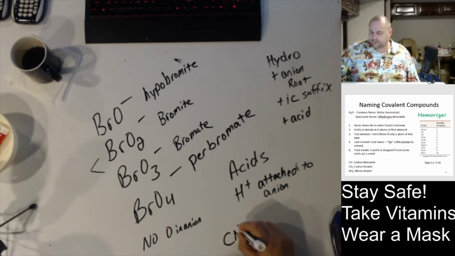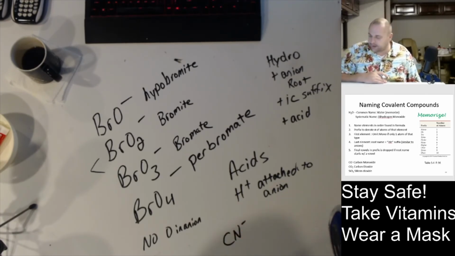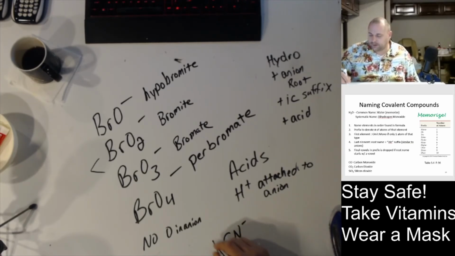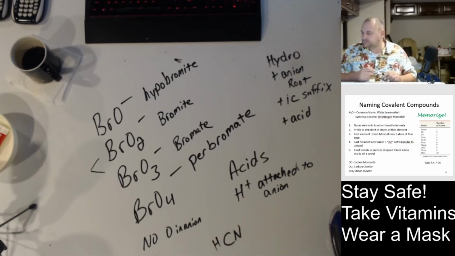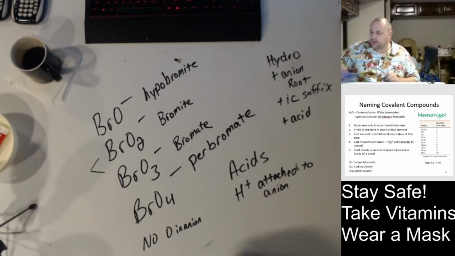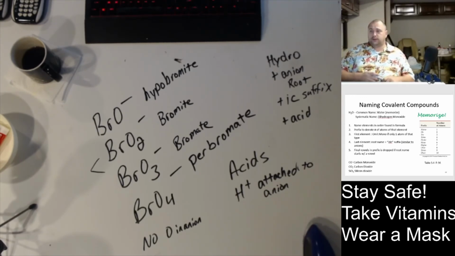So CN minus, that's cyanide, right? And so cyanide, if I put an H on it, is hydrocyanic acid. All right. Let's see. Hydroiodic acid then. Good one.